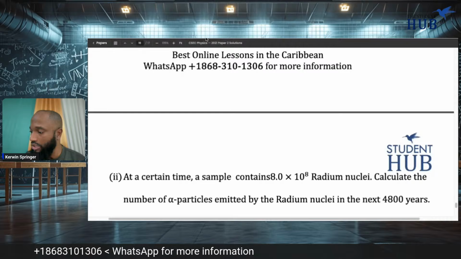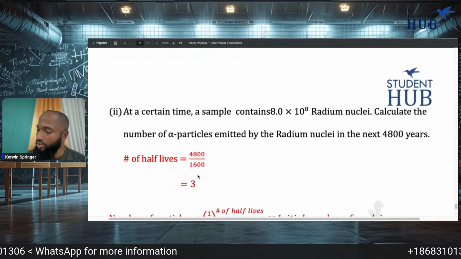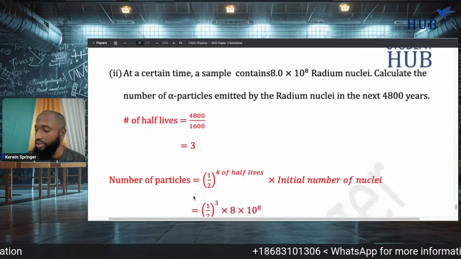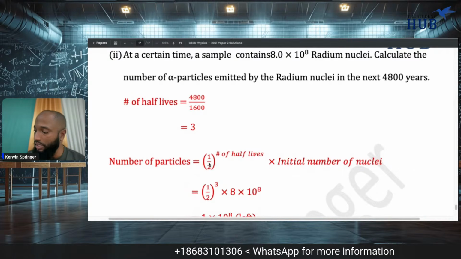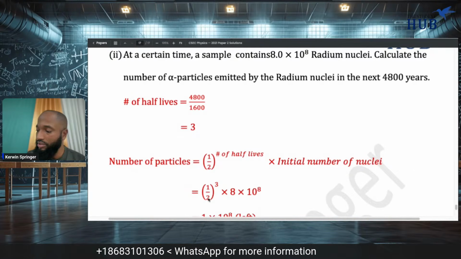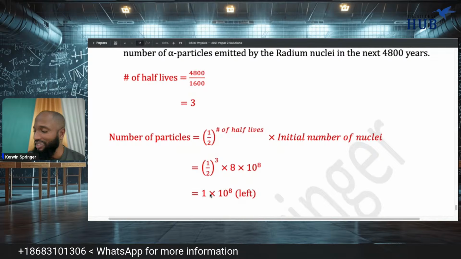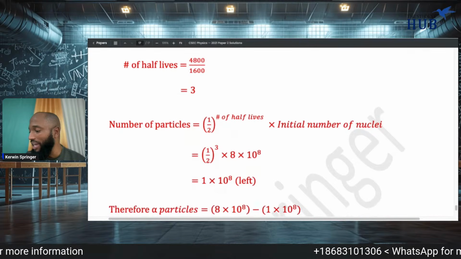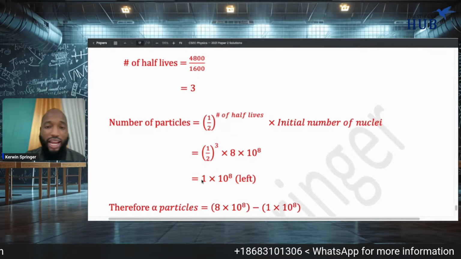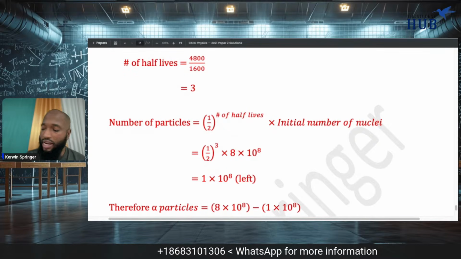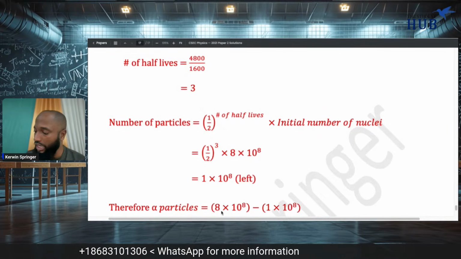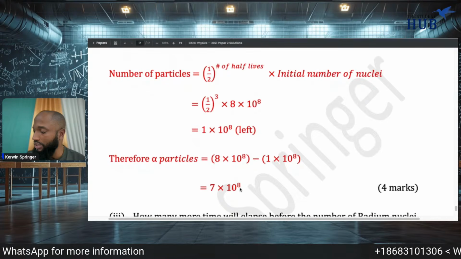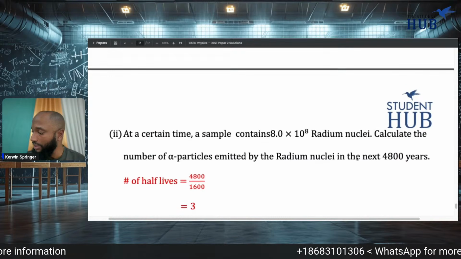So 3 half-lives have passed because 4800 divided by 1600 is 3. The number of particles is, and this is a mathematical way of doing it, but you all can do it by hand. You get how much is left, and then you take it away to get how much was emitted. 7 times 10 to the power of 8 alpha particles emitted.